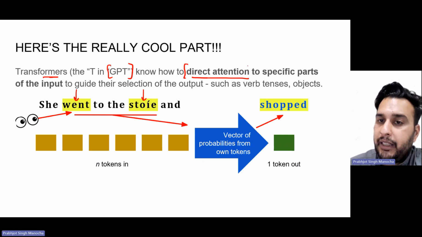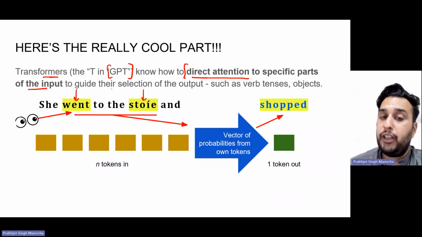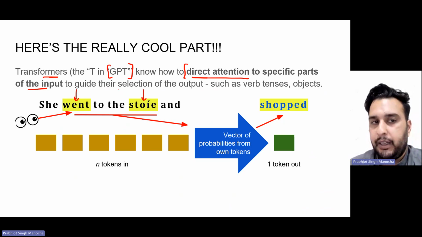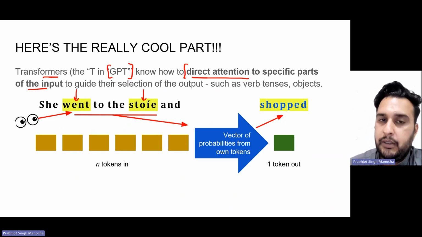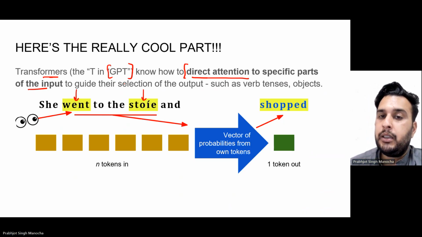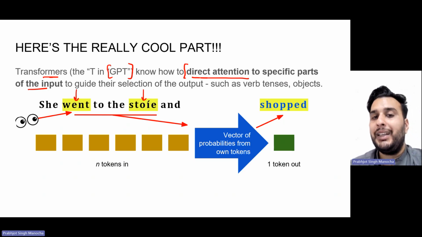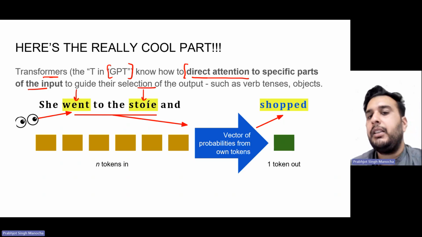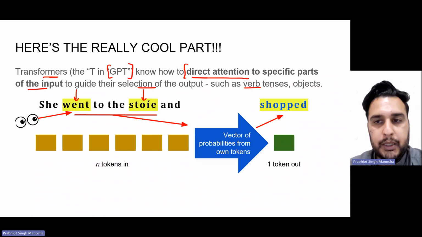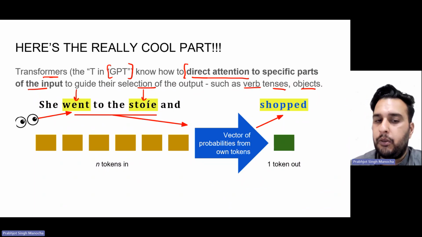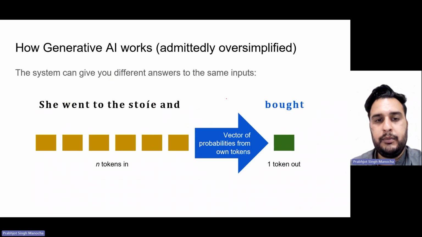They need to direct attention to those specific parts of the input to guide their selection of the new token from their own list. So these transformers help by providing direct attention and guiding the selection of the output, such as verbs, tenses and objects, and from there they will generate this.